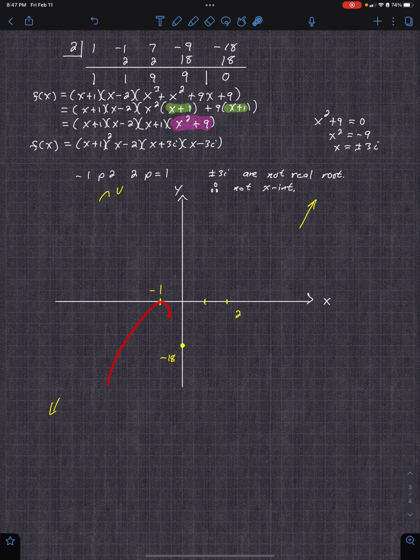Well, then it has to keep going and cross through the negative 18. Then what about the multiplicity of 1 at 2? Well, it has to be odd because it has to cross it and keep going up like that. So that's what the graph must look like. So it must come up, bounce off negative 1, turn, come back down, cross at negative 18, go back up, cross at 2, and keep going, just like that.